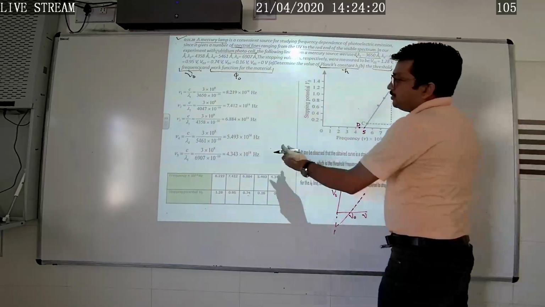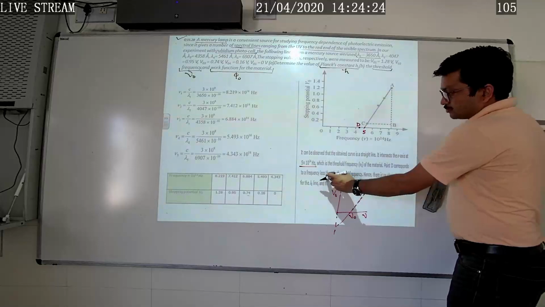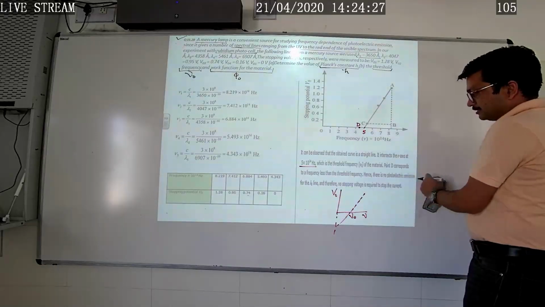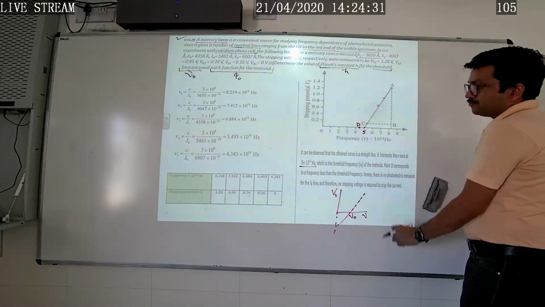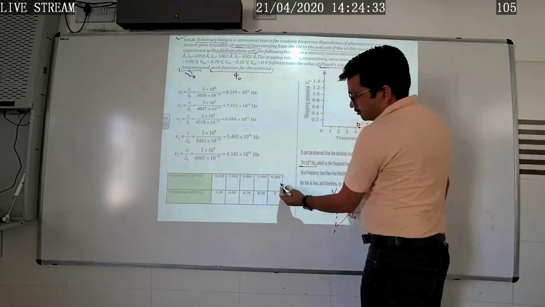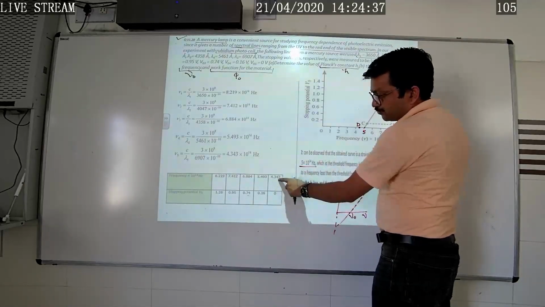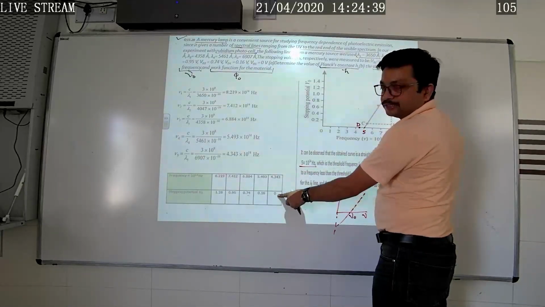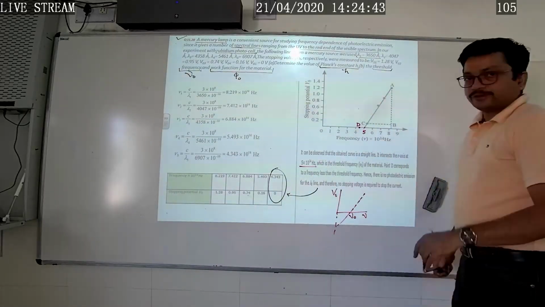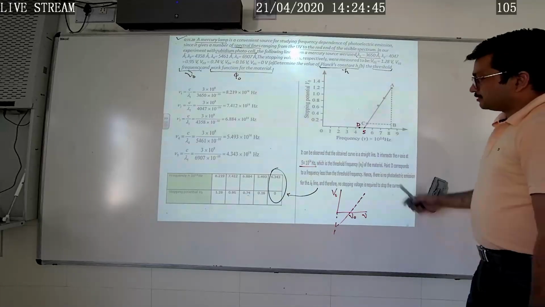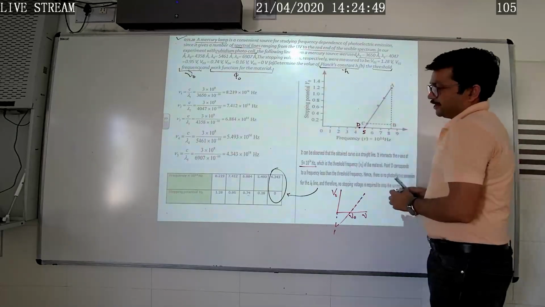Hence there is no photoelectric emission, and no stopping voltage is required. Here the frequency is 4.3343, so no stopping potential is required. This verifies the statement that for a frequency lesser than the threshold frequency, no stopping potential is required.